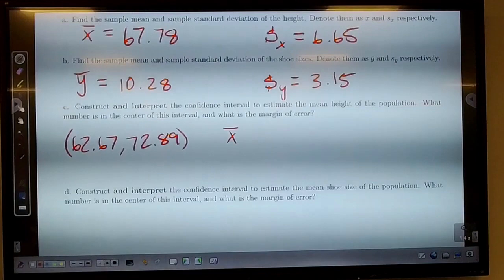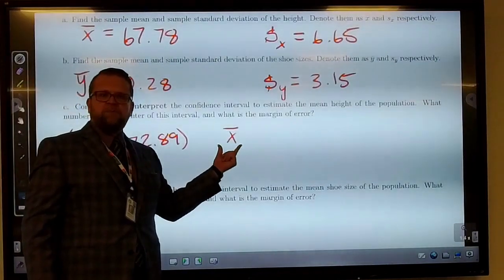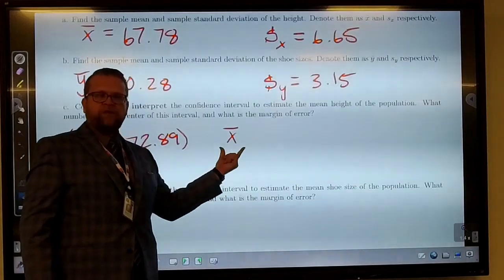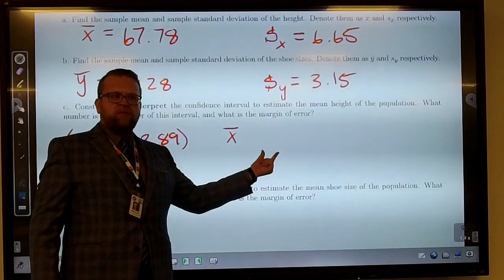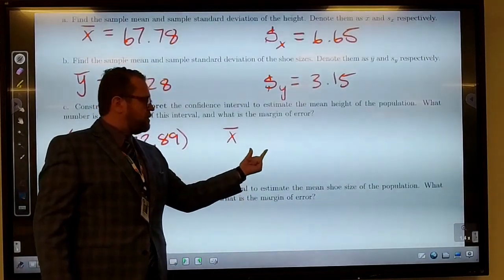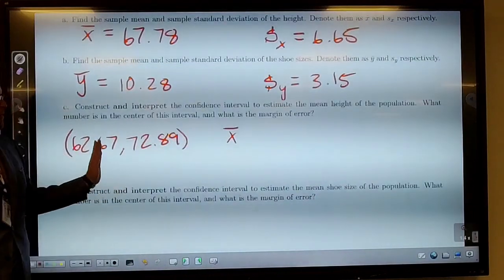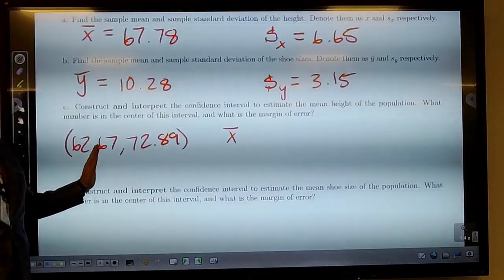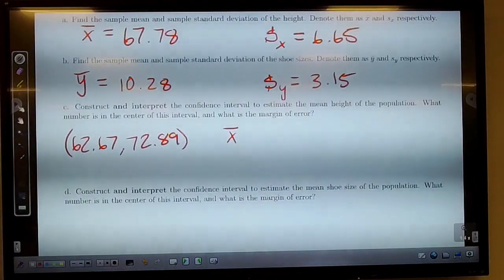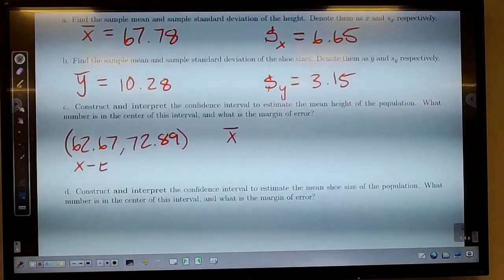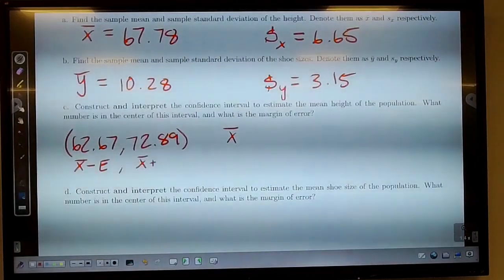It is your best guess as to what the population mean would be. So this is where we're starting from. But then we're going to add and subtract some amount called the error. This number here is exactly X bar minus the error, and this number here is exactly X bar plus the error.